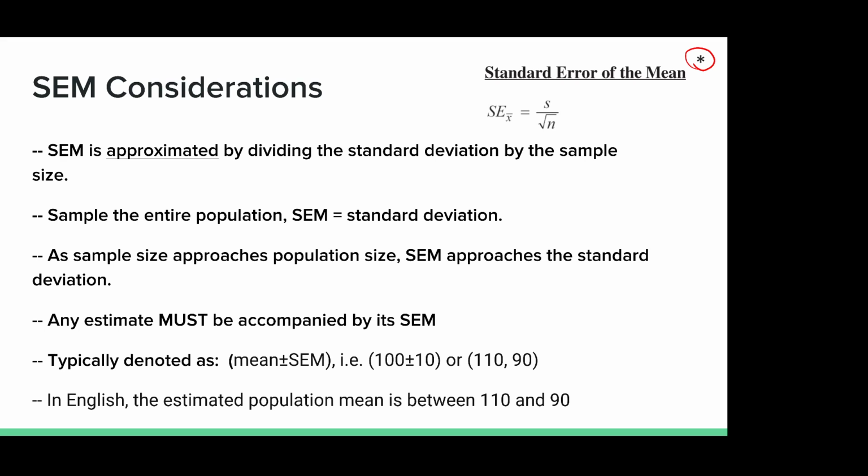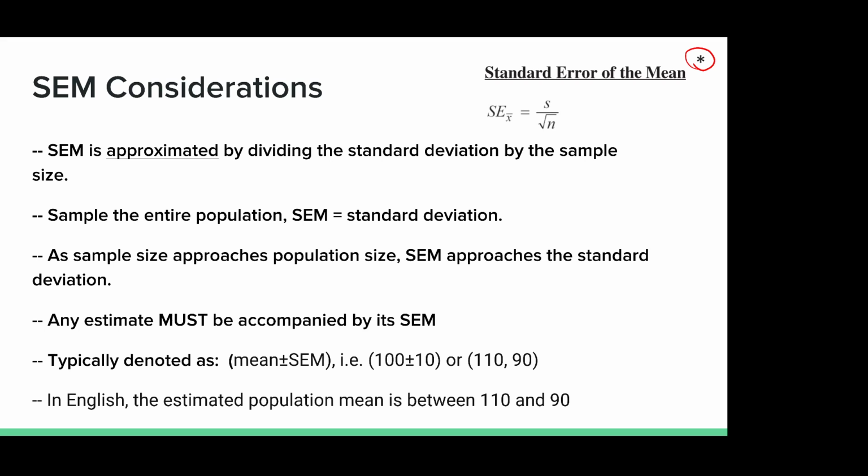Well, what that tells us is that if you sampled the entire population, the standard error of the mean would equal the standard deviation. It's off by a small factor, but nothing consequential for us, especially if you take the limit of it as it approaches zero. So the SEM would equal the standard deviation, basically, if you sample the entire population.